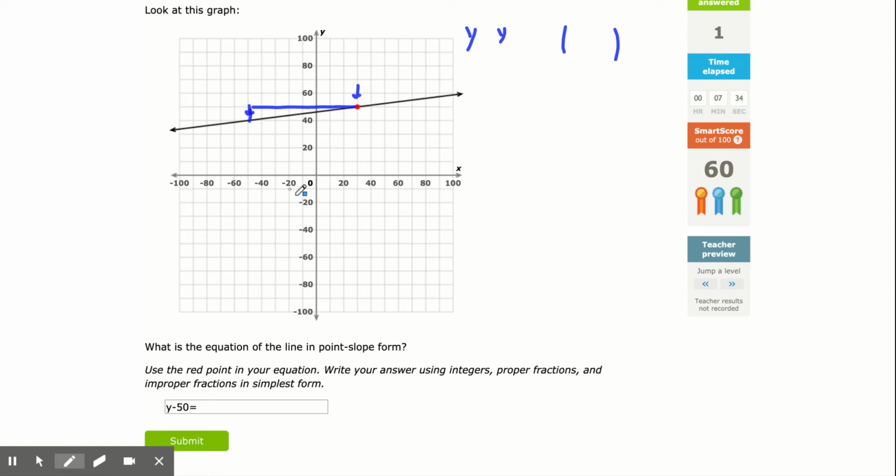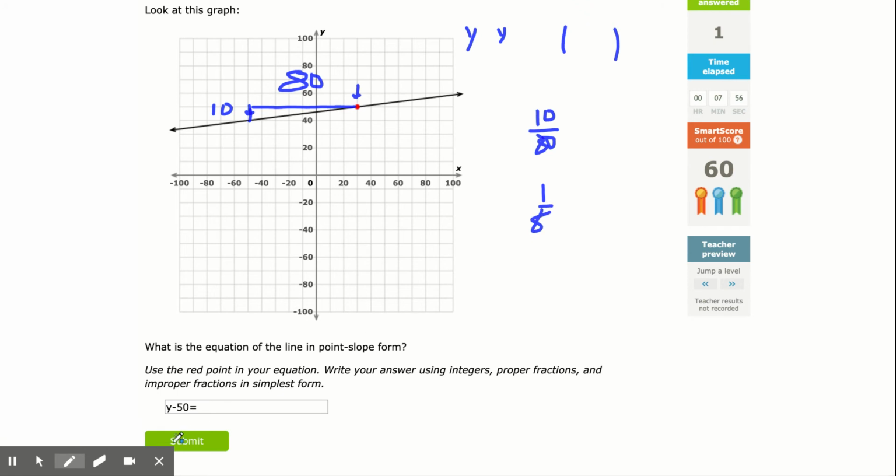From negative 50 all the way over to 30. So that's a run of 80, when I rose 10. Again, I'm watching my scaling. So that's a rise of 10, run of 80. That's a slope of 1/8.